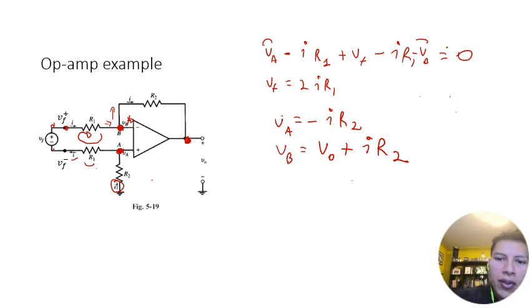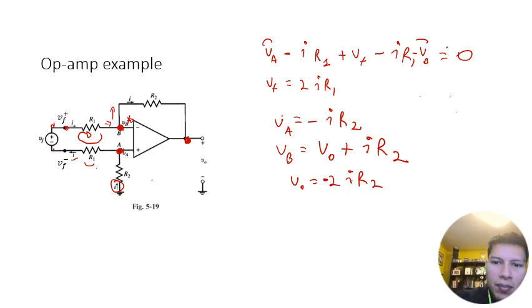But then you also know that VA has to be equal to VB because the two terminals are the same. And so you end up with V out equals negative 2I R2.